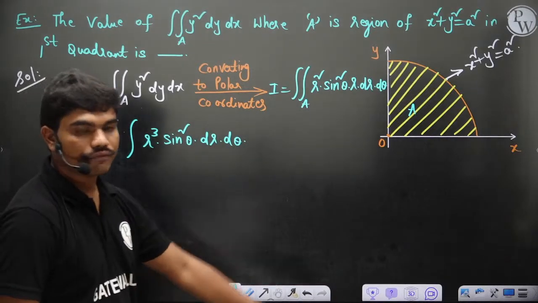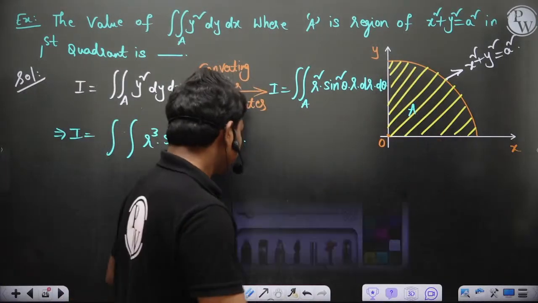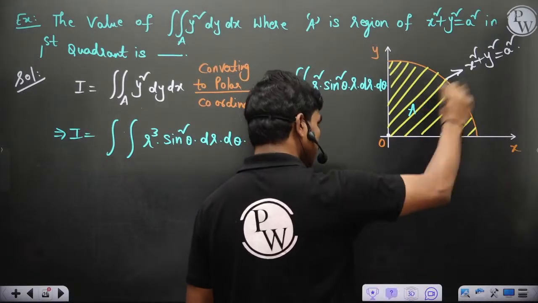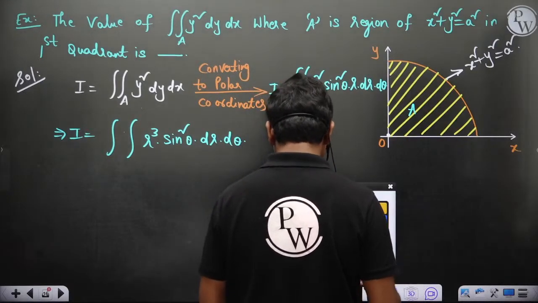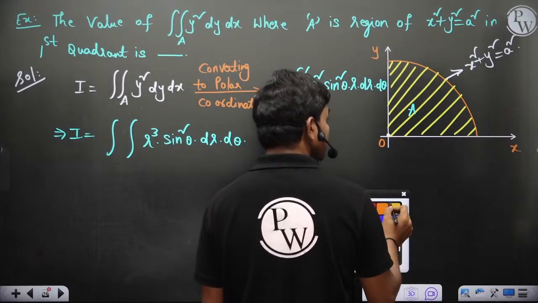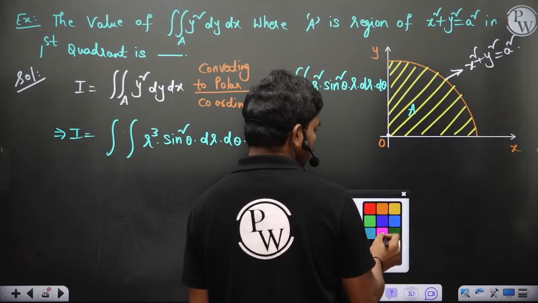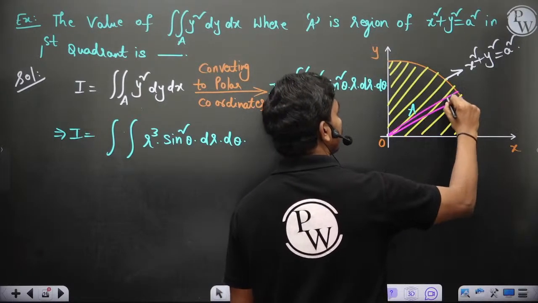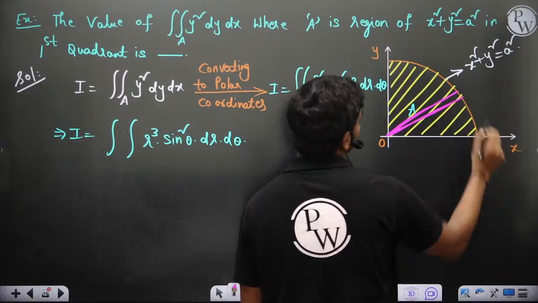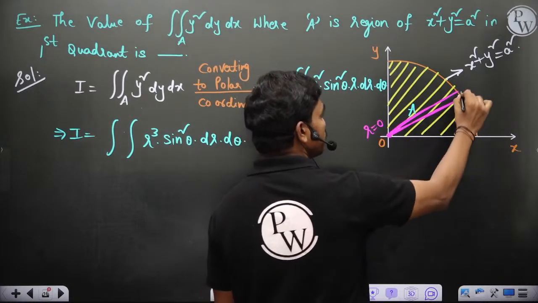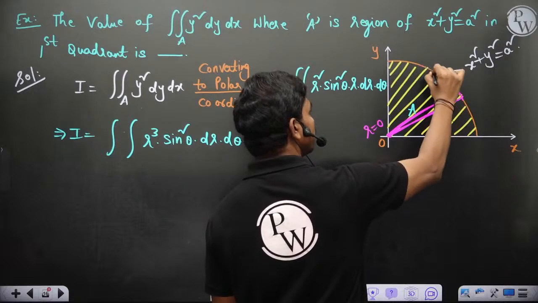Now if you want to bound this region, the least value of radius is 0. Take a small radial curve, in pink. The radius r is equal to 0 at this point, and at any point on this curve it is bounded by the circle.